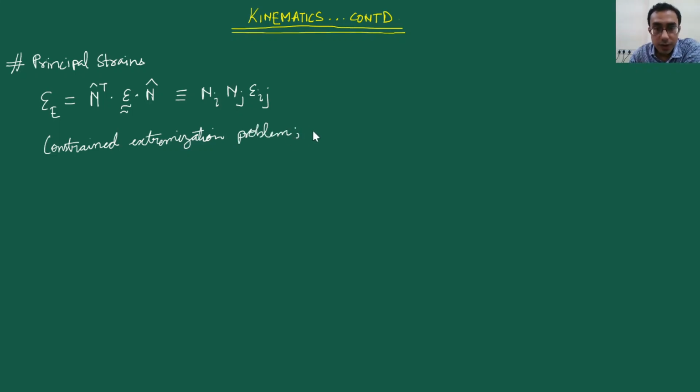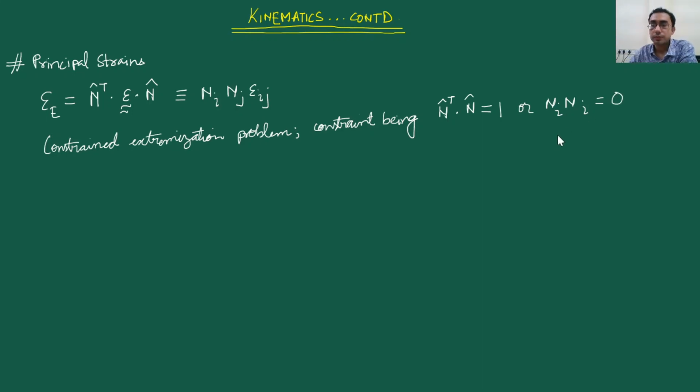Where the constraint being this thing should be equal to 0, or ni should be equal to 0.